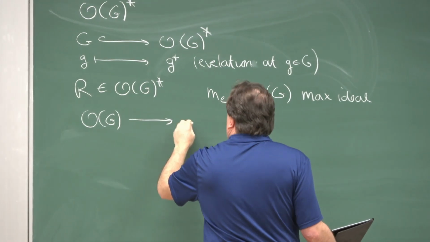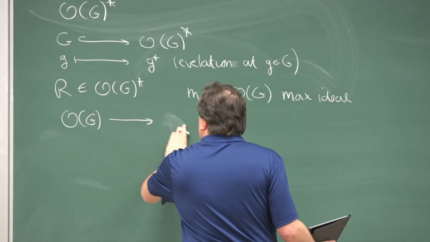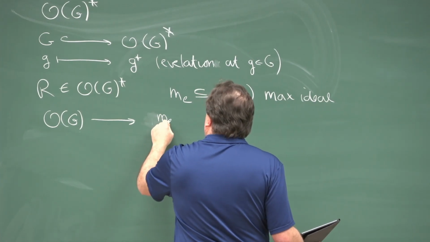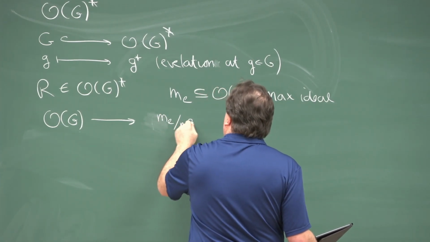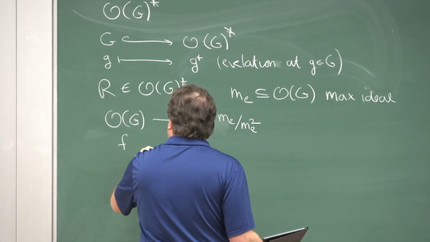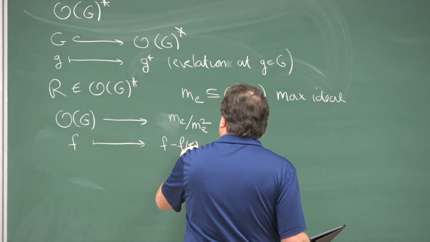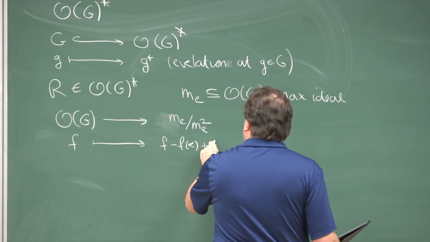Then we have a map from the coordinate ring to M_e mod M_e squared, given by f goes to f minus f(e). So that lies in the maximal ideal.